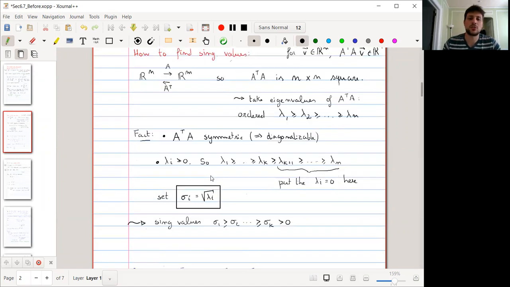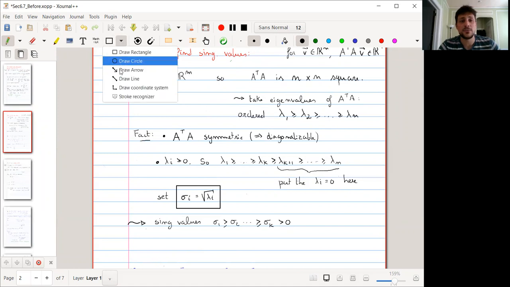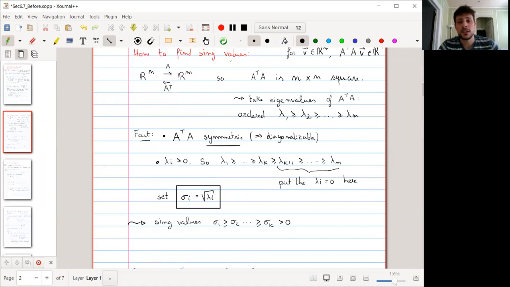Here's a little fact that we're not going to prove, but it's crucial for this construction. Not only is A transpose A a square matrix, in fact, it is symmetric. And since it is symmetric, by the spectral theorem, it is diagonalizable. And so we know that we can take these eigenvalues. There's n eigenvalues to it. Moreover, another fact that you can prove is that all of the eigenvalues of A transpose A are bigger than or equal to 0. So when I write them ordered like this, I will always mean that the first few eigenvalues, the first k, are strictly bigger than 0.